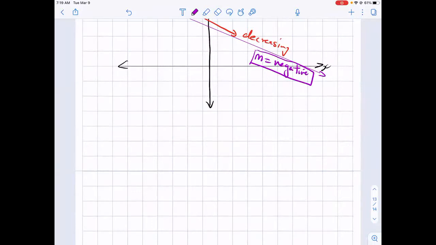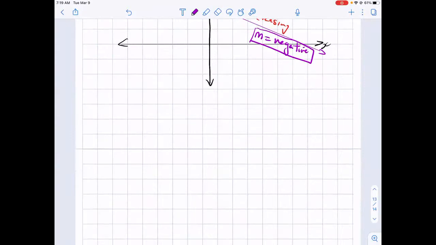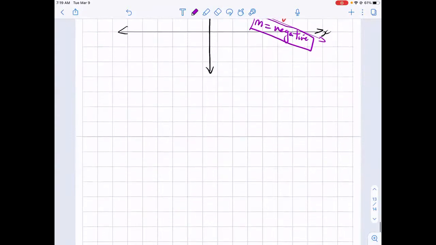So by looking at the slope at any given point, we can tell if that portion of the graph is increasing or decreasing.